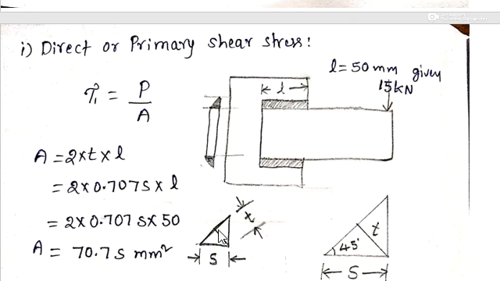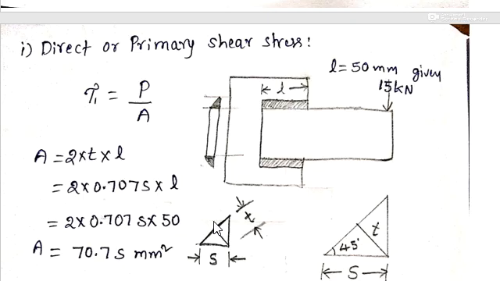This is the critical section which is called the throat, and the area along this throat is called the critical area, that is the throat area, where you will get the maximum stress. That area only we have to take here, because we have to substitute the area which is taking the maximum shear stress.